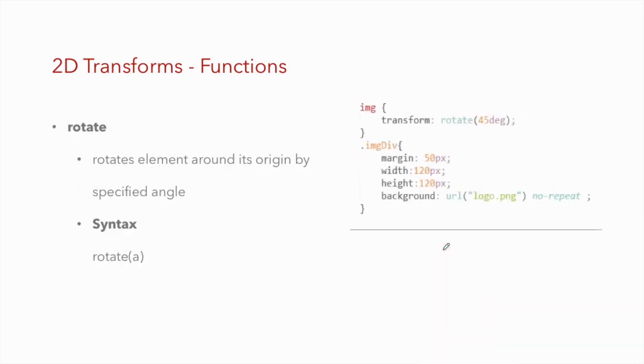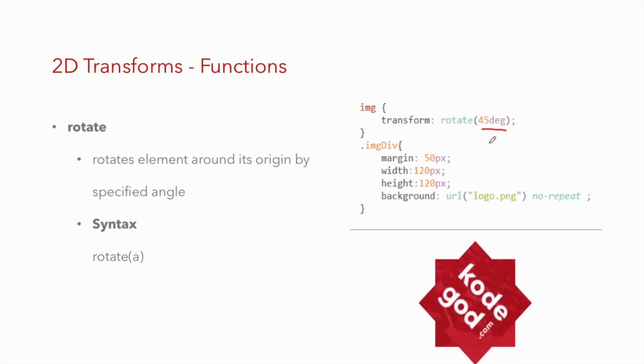Then we will talk about rotate. If you want to rotate an element from its original position by a specified angle, then you can use the rotate function, and in the parentheses you can use 45 degrees or any value in the unit degree. So this will rotate your image by 45 degrees.